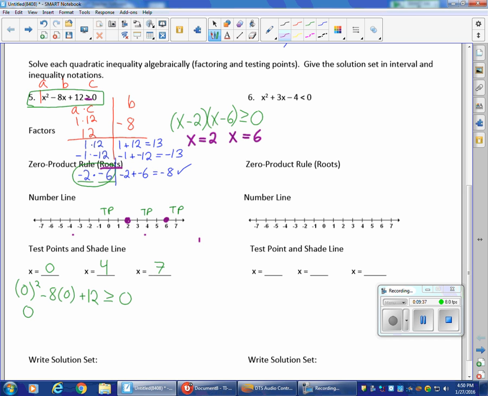Minus 8 times 0 gives me 0 plus 12. So 0 minus 0 is 0 plus 12 is 12. Is 12 greater than or equal to 0? That's a true statement. 12 is definitely greater than 0. So we know the left side piece is true. So we're going to shade that.